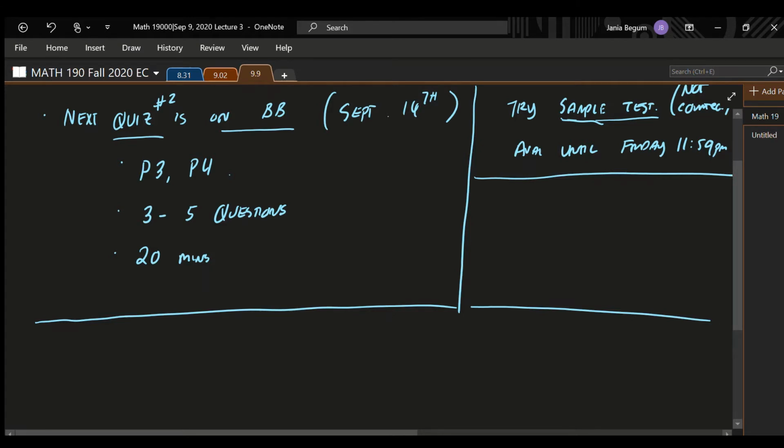Okay, so I'm going to go ahead and start with P4. P4, we're going to study rational exponents. So rational means fractional, right? So the exponents that are fraction exponents, and radicals.